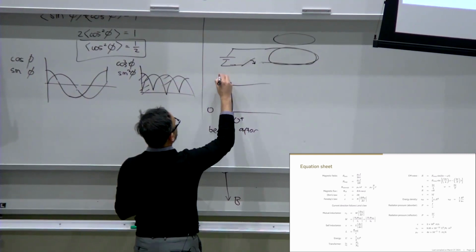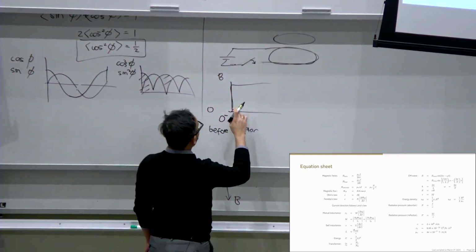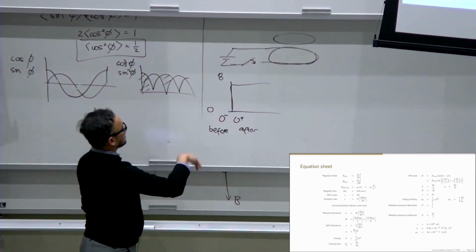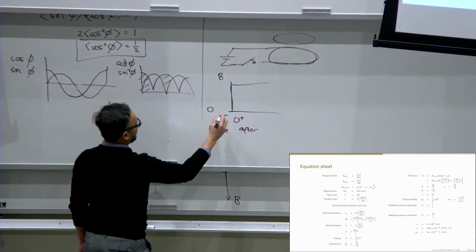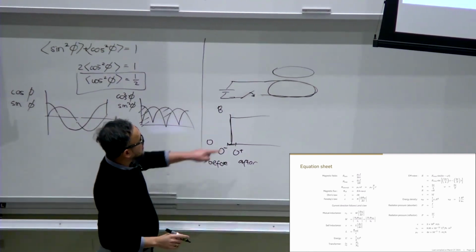Before, the magnetic field is 0, and the area stays the same. After we close the switch, there is a change, right? So over a short period of time, there is an induced current here.